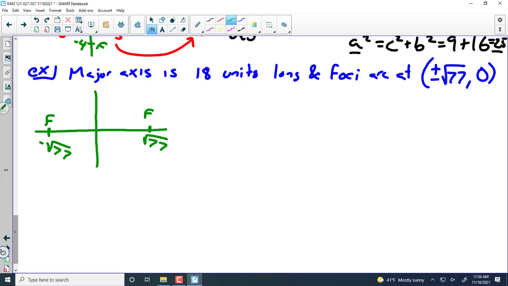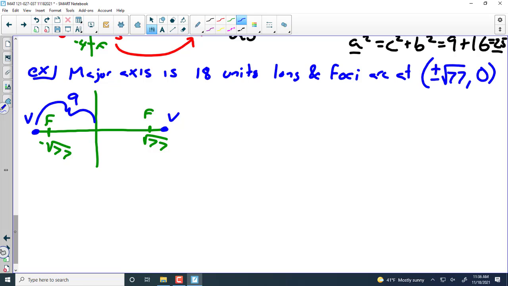Are the major axis and the foci always in the same direction? Always. So that means that out here I have a vertex, and out here I have a vertex. And how far is the vertex from the center? 9, because it's 18 altogether.